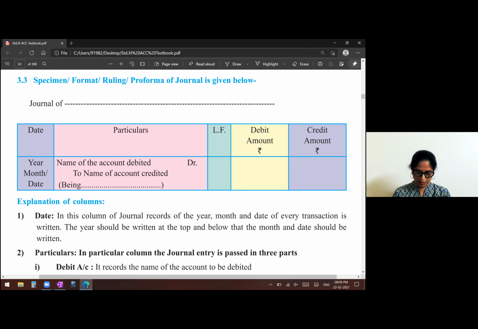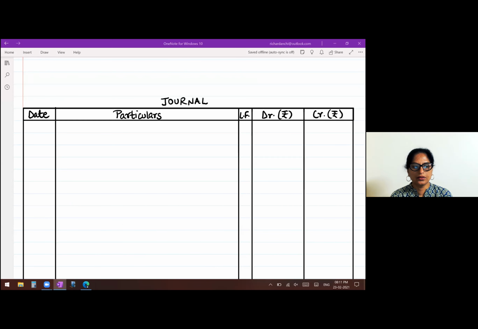So now we will write the heading as journal entries related to goods.